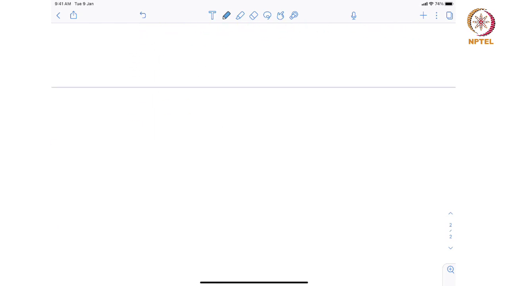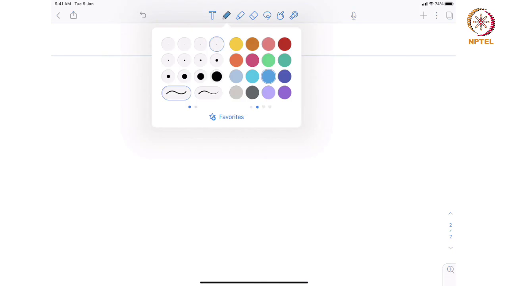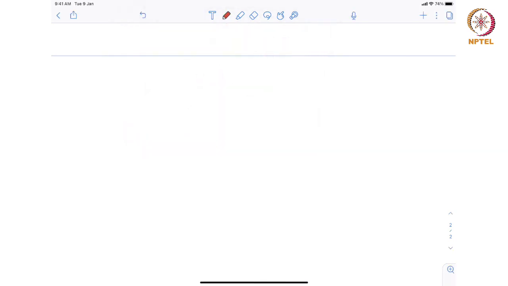So the problem we will be interested in is directed k path, and that is where we will build our theory.